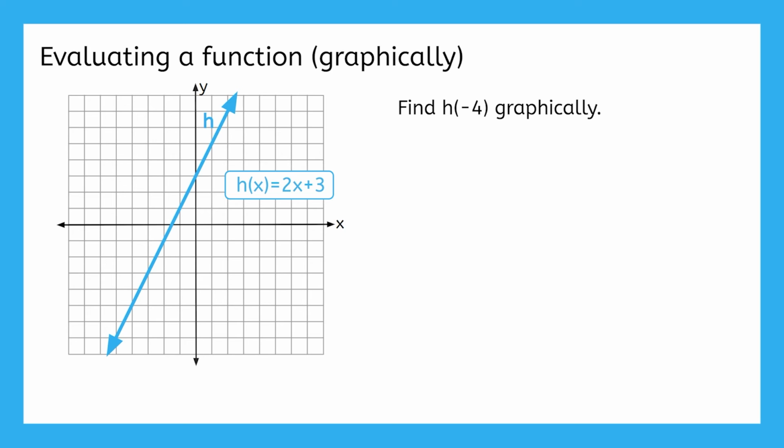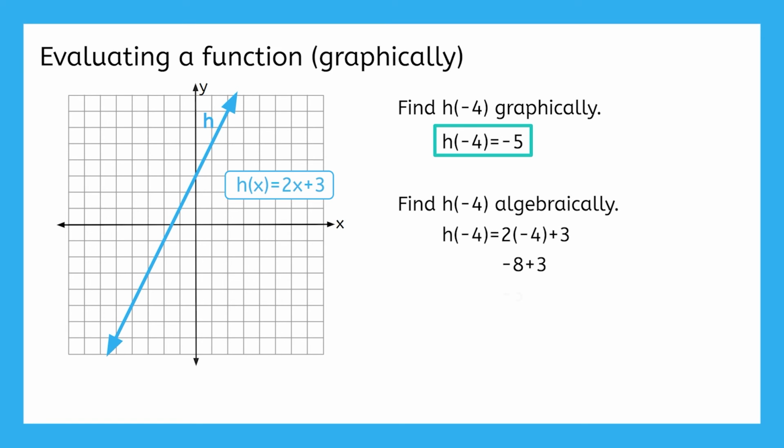So let's look at our graph. If x is negative 4, the output is negative 5. Great. So h of negative 4 equals negative 5. And evaluating h of negative 4 algebraically gives us the same thing. Awesome work.